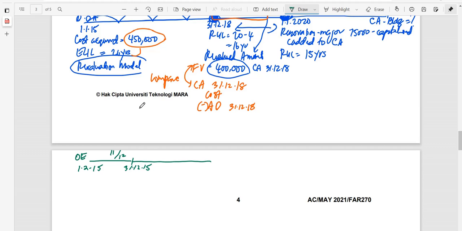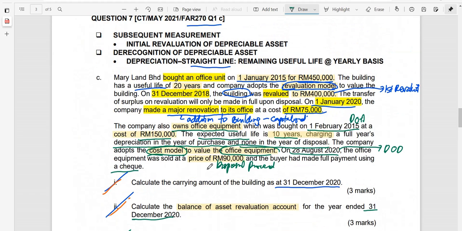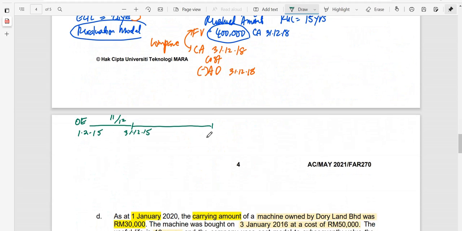And you would see that the acquisition, 1st of February, you can see here, that was 150,000 on 1st of February. And remember, it was adopting the full year depreciation or yearly basis. So expected useful life was 10 years. So here the cost of the office equipment was 150,000.